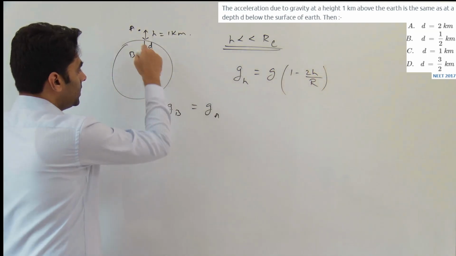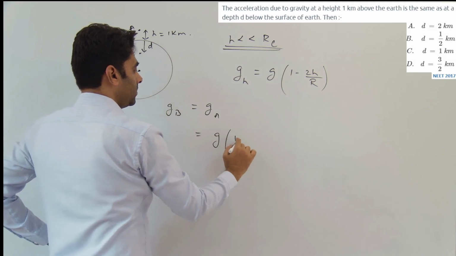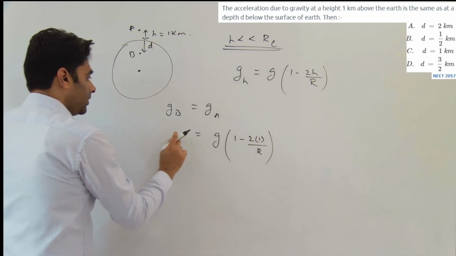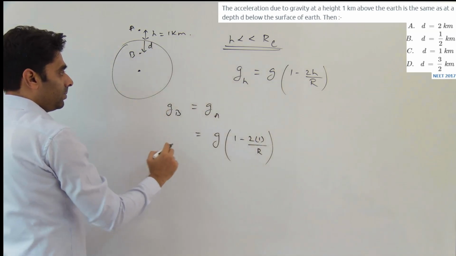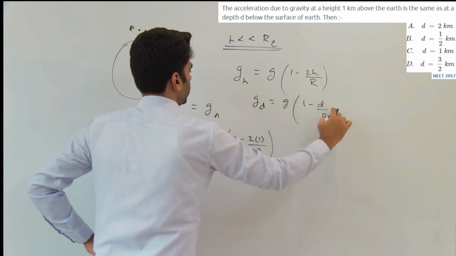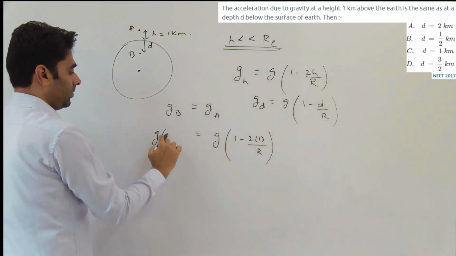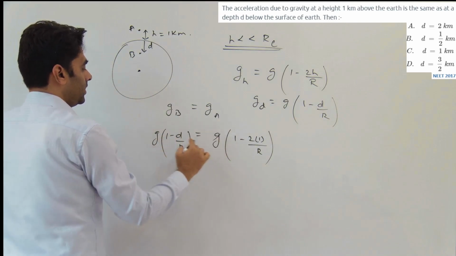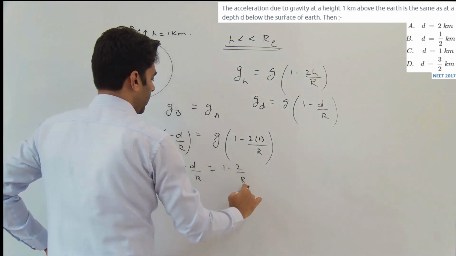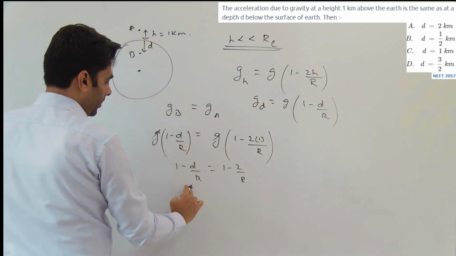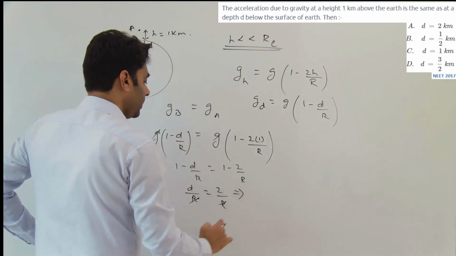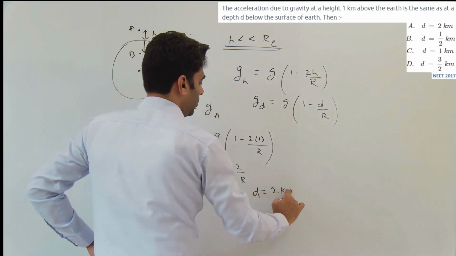So let us write down g at A is g times 1 minus 2h by R. How much is our height? 1 kilometer. This is equal to g at depth. What is our g at depth? g at depth is given as g times 1 minus d by R. Let us substitute. g and g cancel, so 1 minus d by R is equal to 1 minus 2 by R. 1 minus 1 is 0, so we get d by R is equal to 2 by R. R and R cancel, and the d value comes out to 2 kilometer.